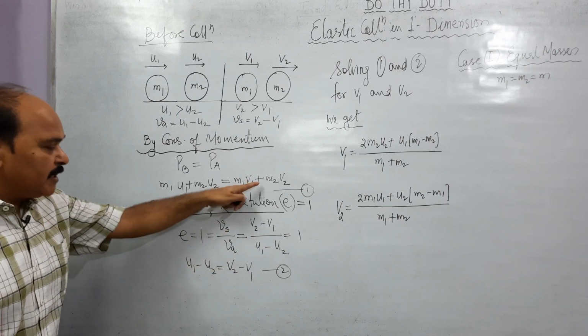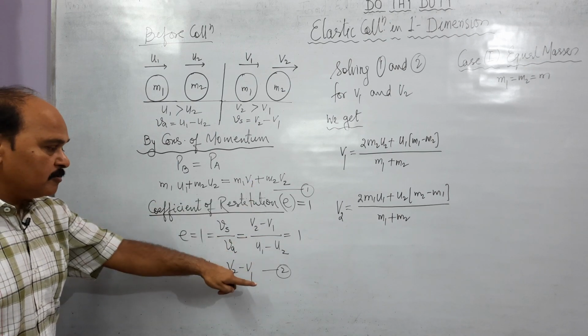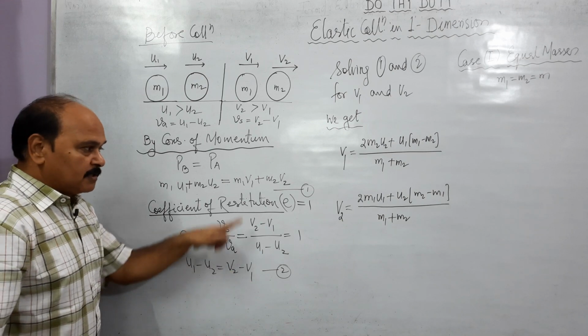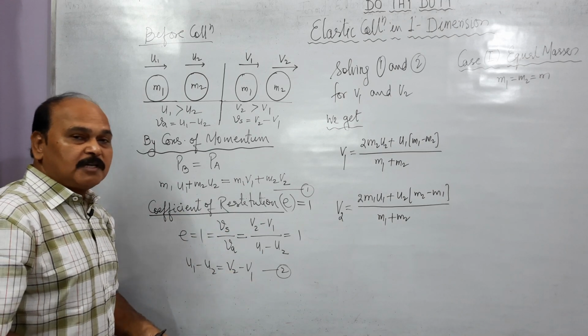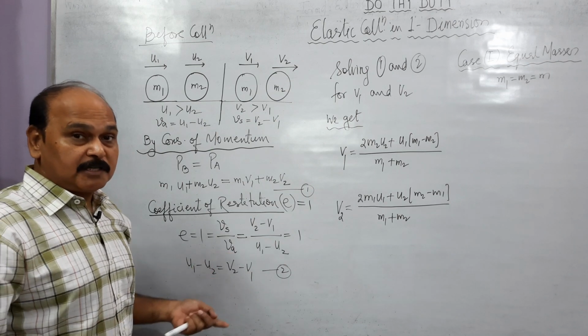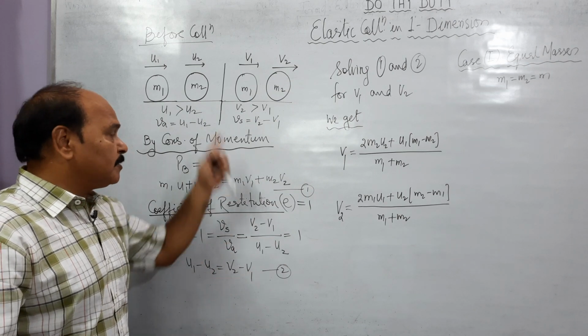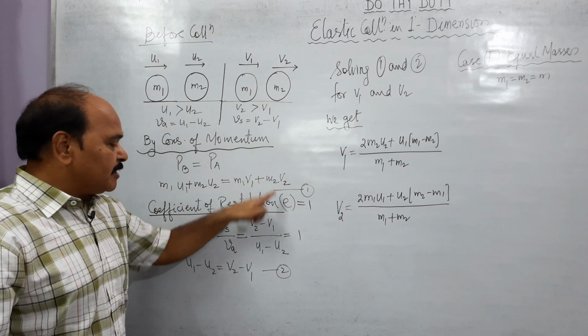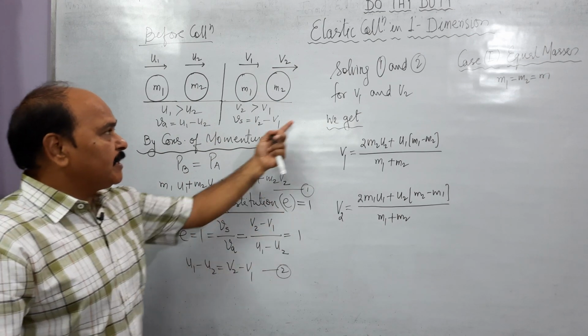Now, if we solve 1 and 2 for v1 and v2, these are two equations and there are two variables, v1 and v2, the final velocities after collision of both the masses. So, if we solve 1 and 2 for v1 and v2, what do we get?